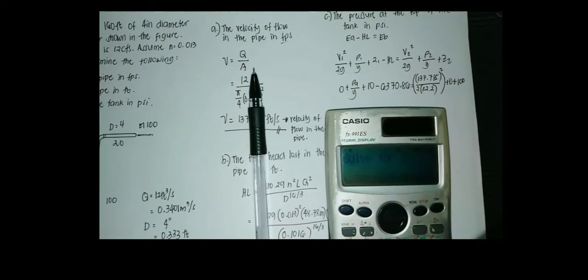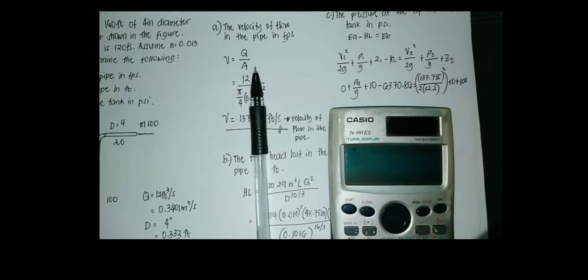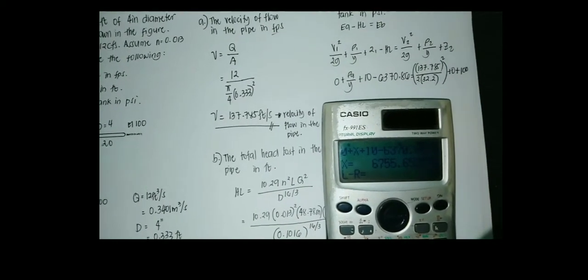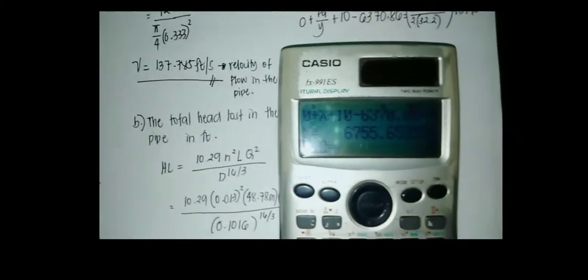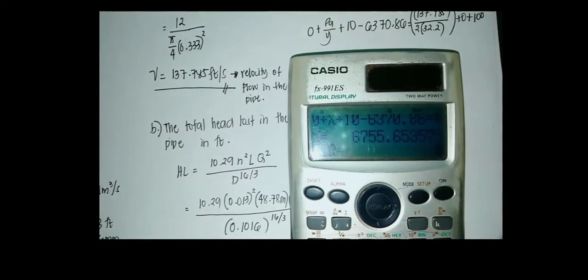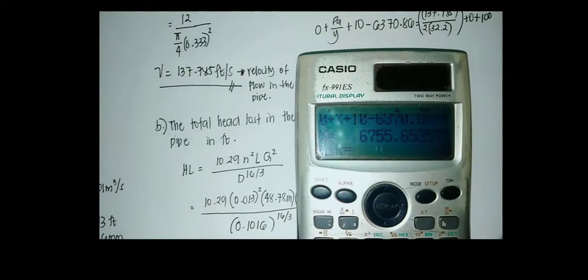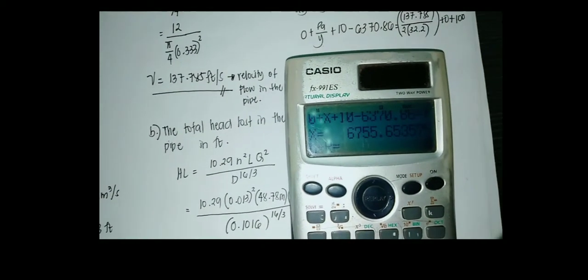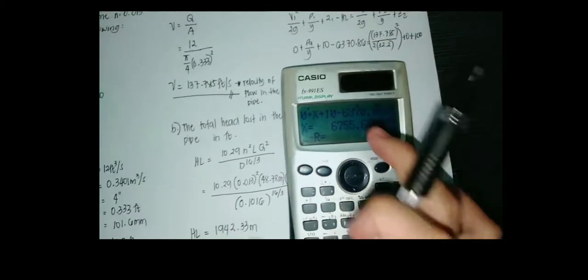So we shift solve. The value we got is this one, 6,755. Taking 2 decimal places, 65.